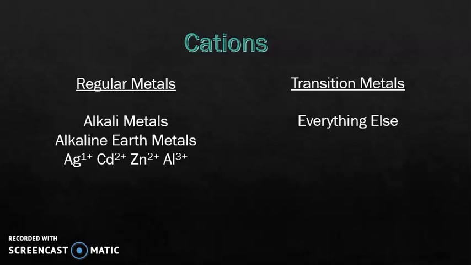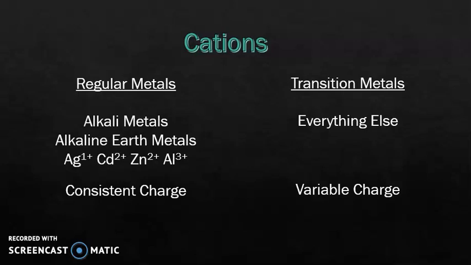Now, why are these in two different groups? Well, regular metals have a very consistent, predictable charge on the periodic table, whereas transition metals do not. They have a variable charge. So we're going to have to handle them separately as we go to name them. Now, we had a little bit of a sneak preview of this already. So for example, if I wanted to say sodium as an ion, I would just say sodium ion.